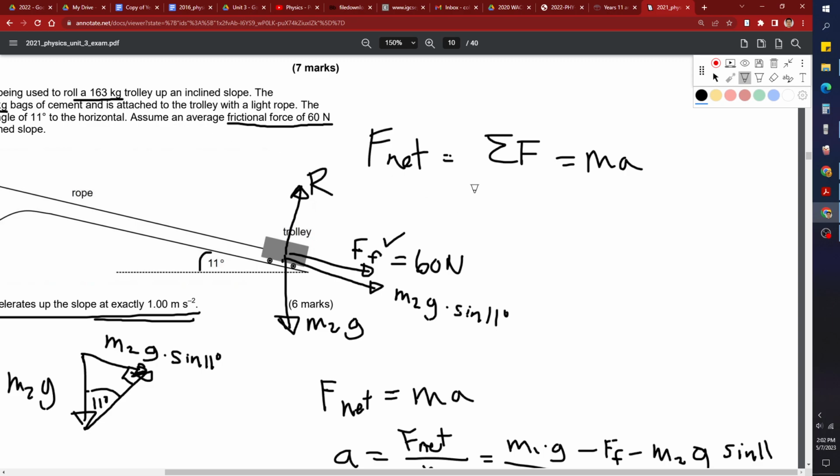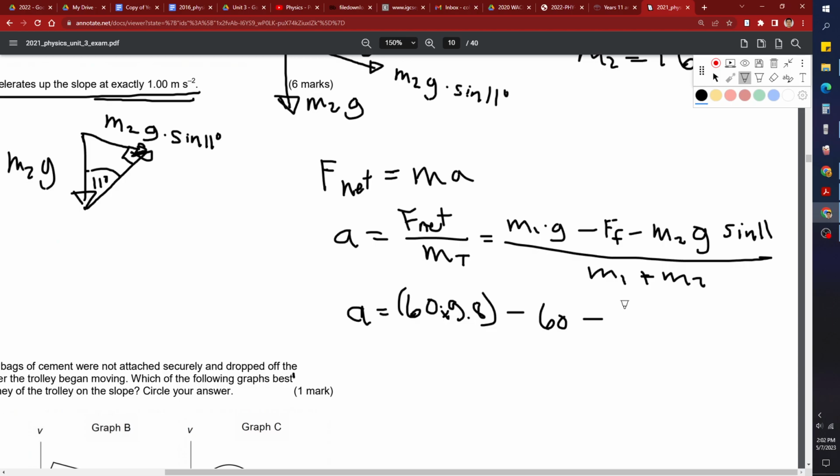And we should identify it already here. Okay, M1 is 4 times 15 equals 60. And then M2 would be equal to 163. Okay, so good to write that out so you know everything is there.